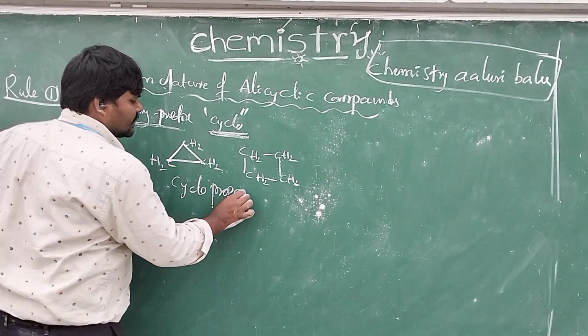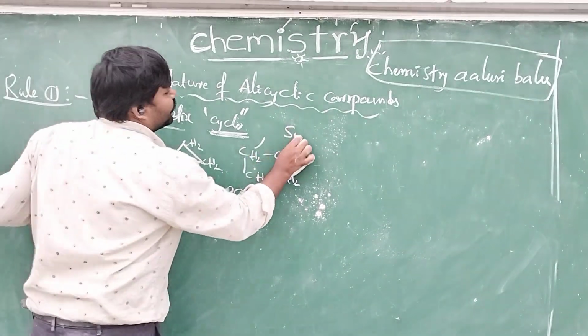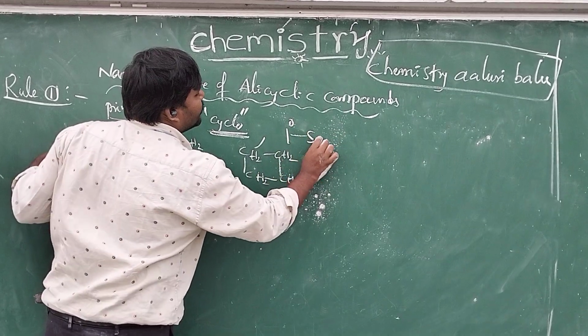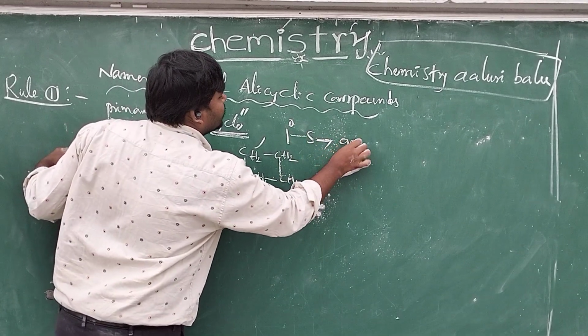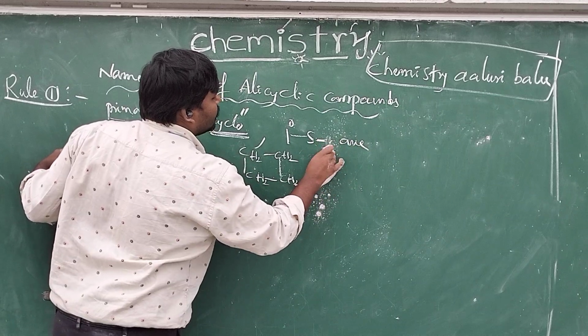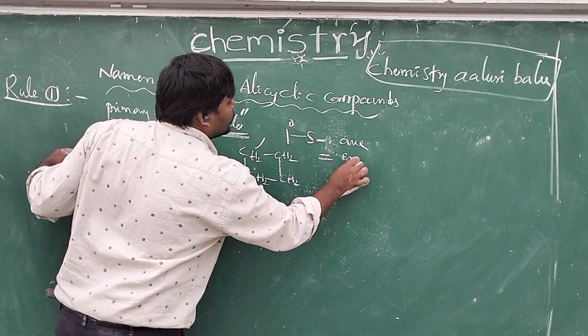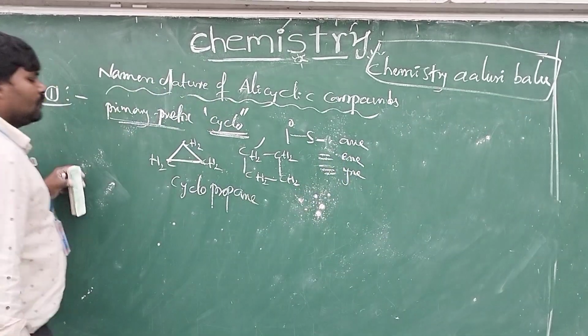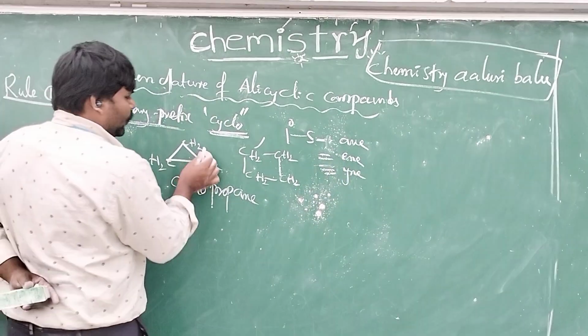All are single bonds. The primary suffix with a single bond is "-ane", double bond "-ene", alkene, triple bond "-yne". This is cyclopropane.